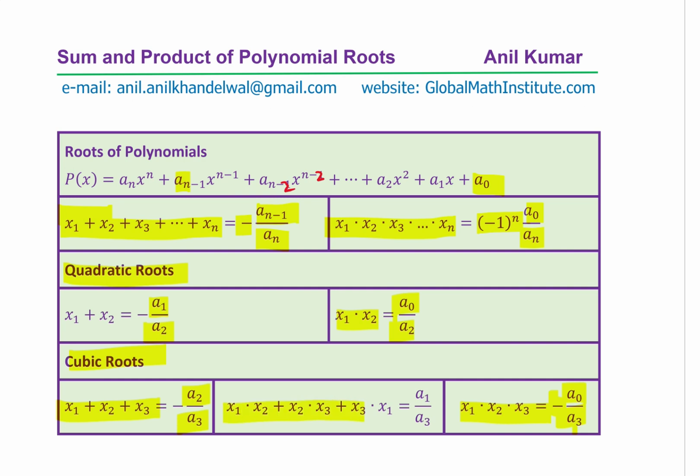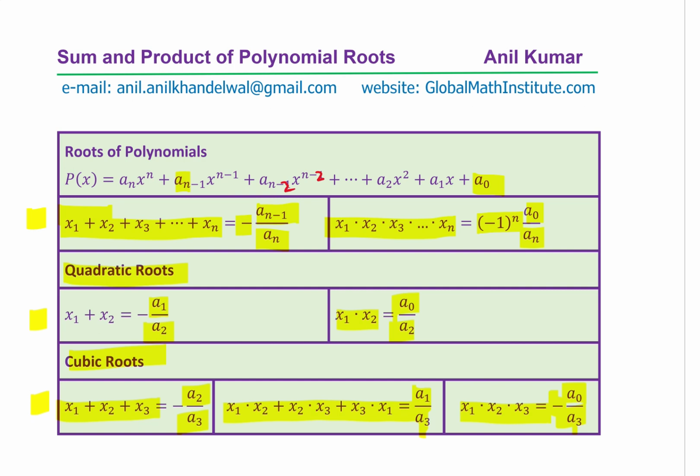We also got one very interesting case, which was the sum of the products of two roots, x1, x2 plus x2, x3 plus x3, x1, and that is equal to the positive value of a1 over a3. So that becomes the summary for us. So we do have a general formula and quadratic and cubic roots derived.